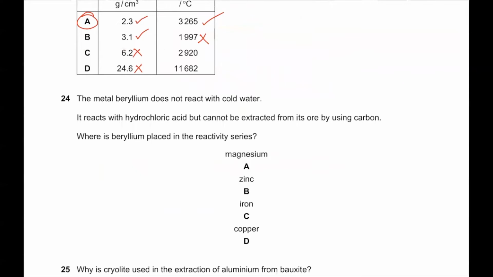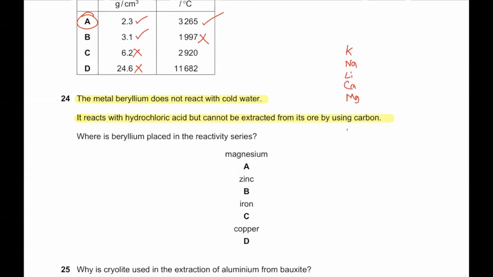Guys, moving to question number 24. The metal beryllium does not react with cold water. It reacts with hydrochloric acid but cannot be extracted from its ore by using carbon. Guys, when we say that beryllium does not react with cold water, we have to understand the metals that can react with cold water are potassium, sodium, lithium, calcium, magnesium.